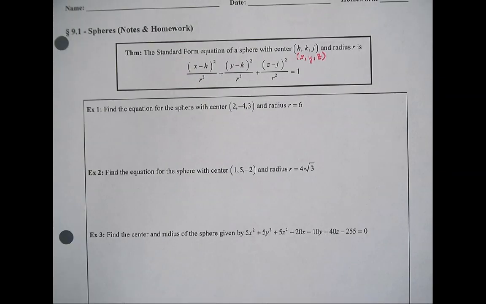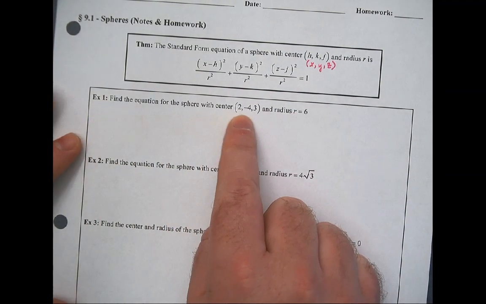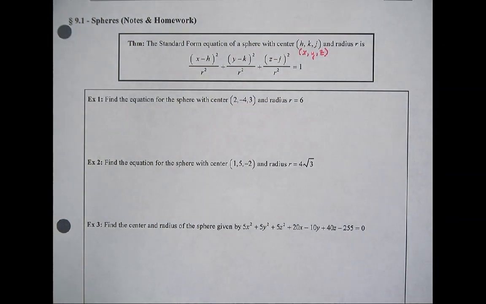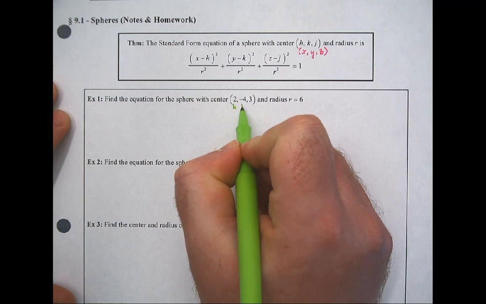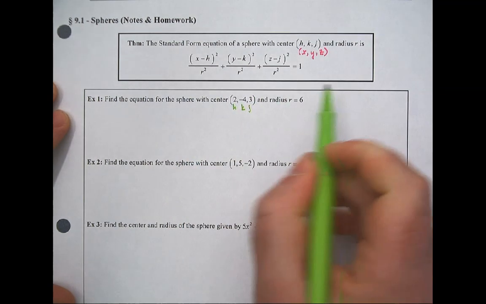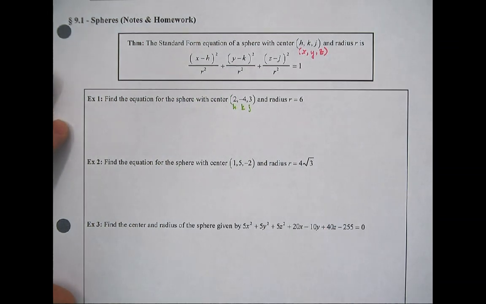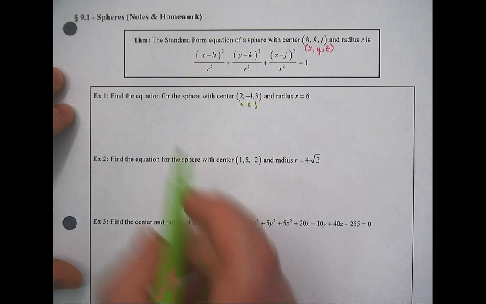So this is pretty much just algebra and plugging and chugging. Find the equation for the sphere with center 2, -4, 3 and radius 6. Now notice this is the radius, and in the equation, the radius gets squared. So plug and chug.